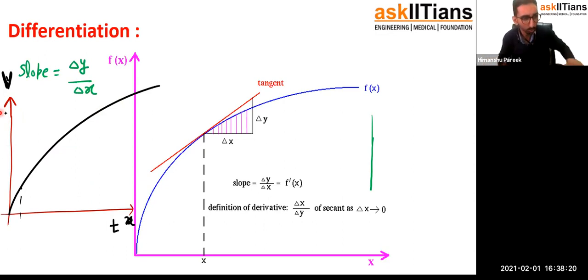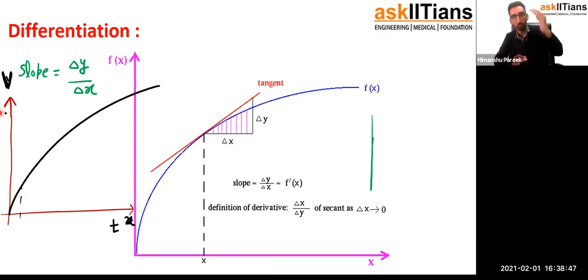If somebody asks you how fast the velocity is changing, let us see how to figure it out. You know one thing: I know how to find out the slope of a straight line and how fast the y-axis changes with respect to the x-axis. Because here on the y-axis we have velocity and on the x-axis we have time.